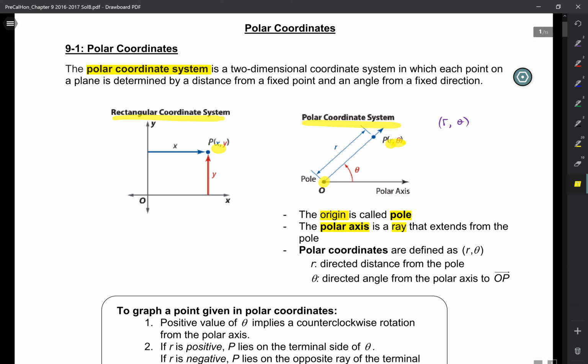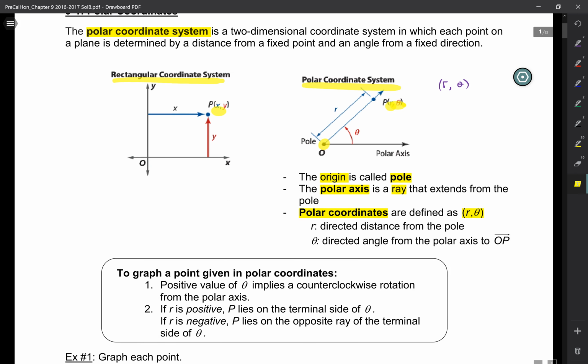It starts at the origin and moves radially out. The polar coordinates are defined as r and theta. And we just said r is the directed distance from the pole. Theta is the directed angle from the polar axis. Questions?